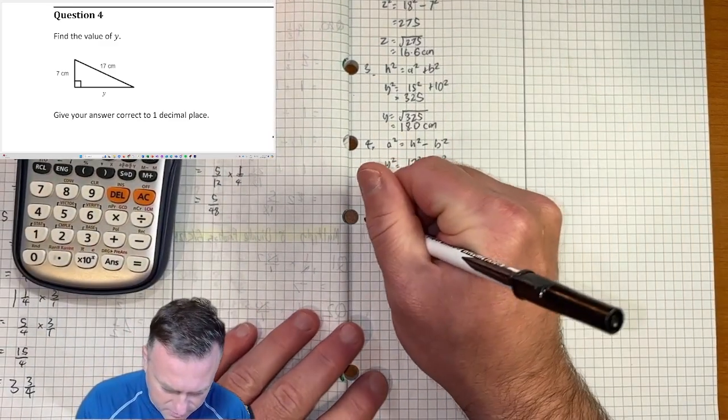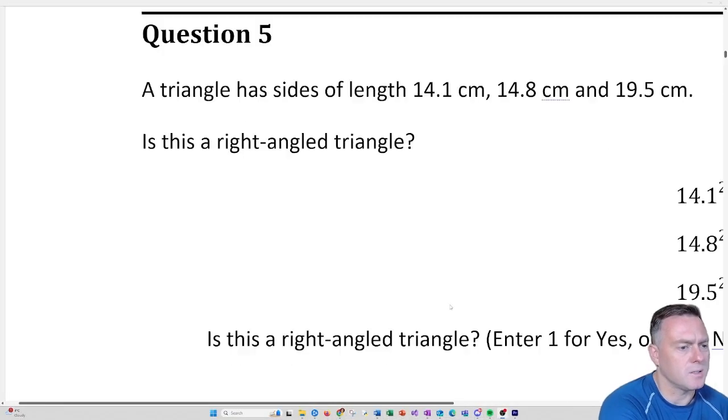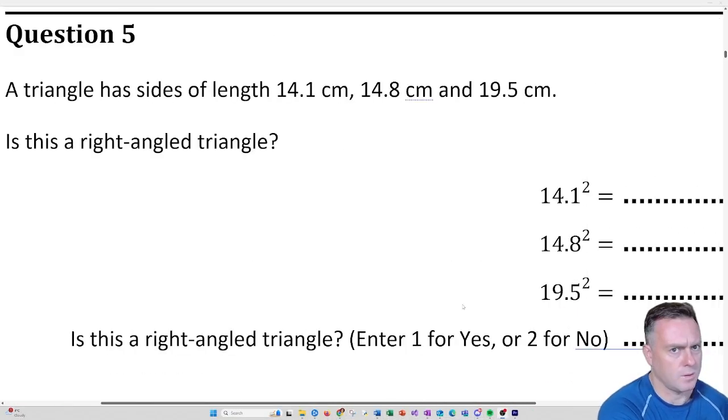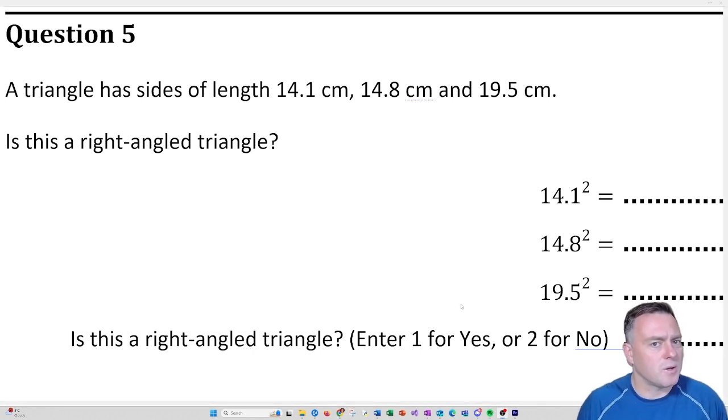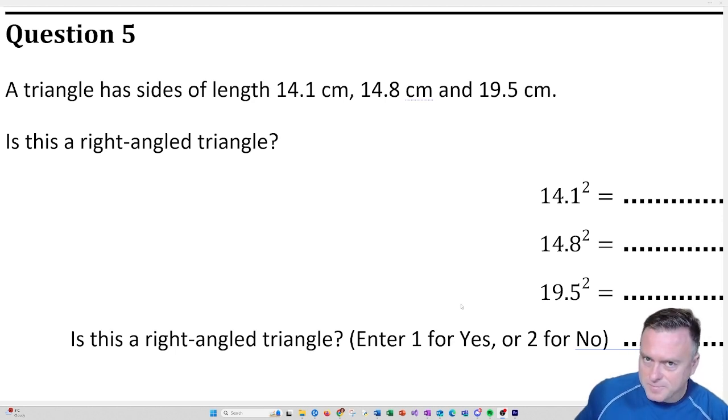All right, number 5. Let's see what the next question is. Okay, a triangle has the side lengths of 14.1 squared, 14.8 squared, 19.5 squared. Is this a right angle triangle? They squared all the sides, and then it says 1 for yes, 2 for no. So I would draw a quick little rough picture.